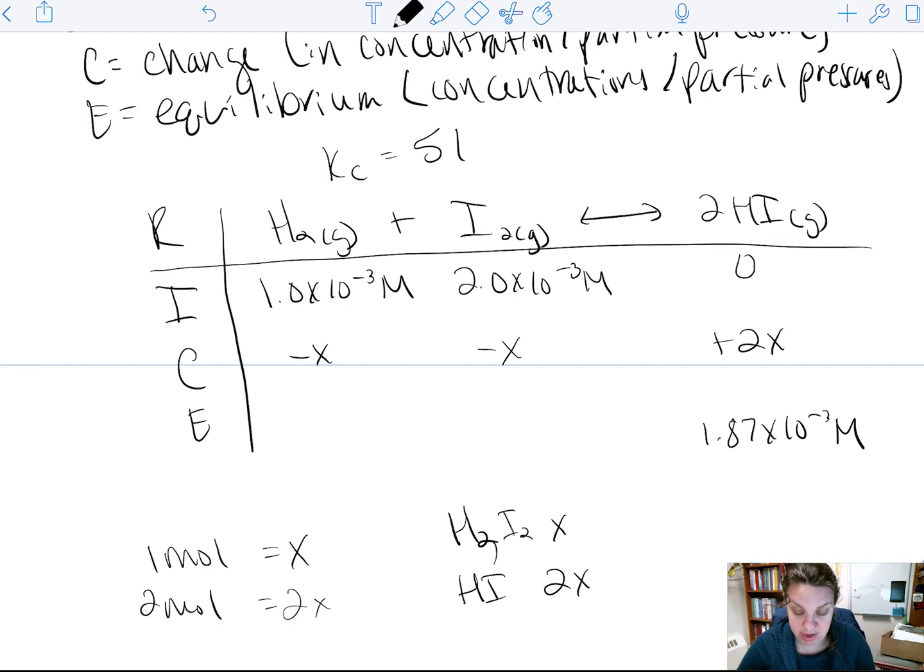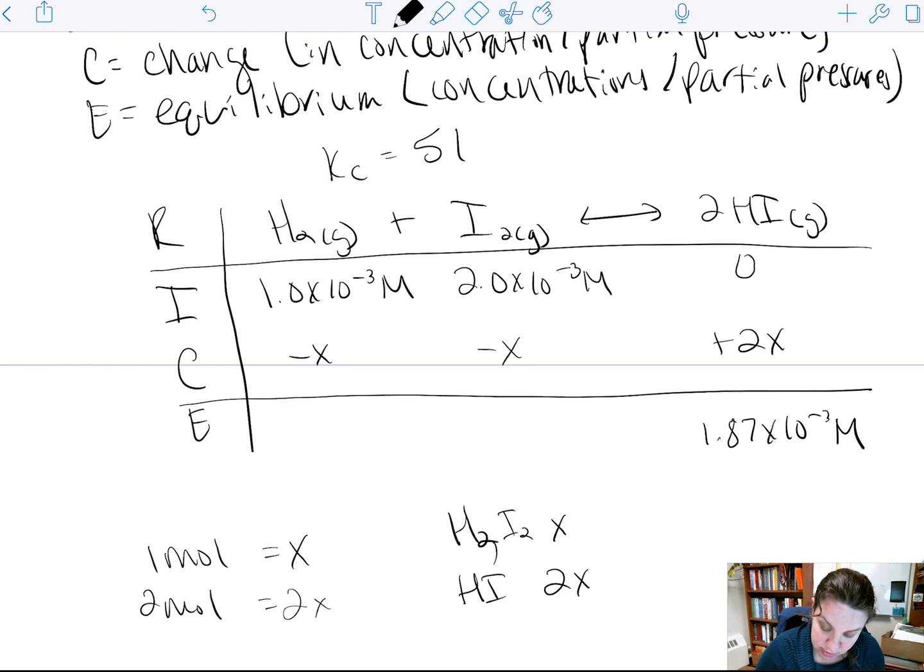Okay, so we subtracted x from H2 and I2 because they're both 1 as a stoichiometric coefficient, and as we shift from our initial reactants to reactant plus product in our equilibrium expression, we're going to add 2x to our HI.